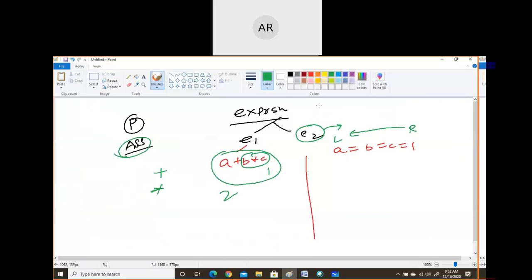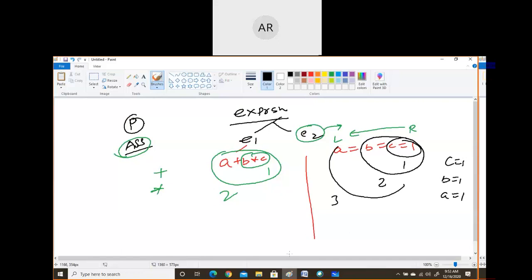So how will this expression be executed? This is the first. That means C is equal to 1. And again this is the second to be executed, that is B is equal to again 1, and this is the third, that is again A is equal to 1, right?